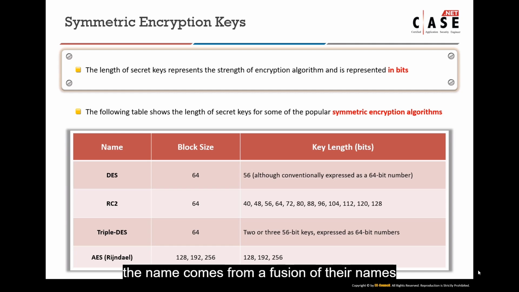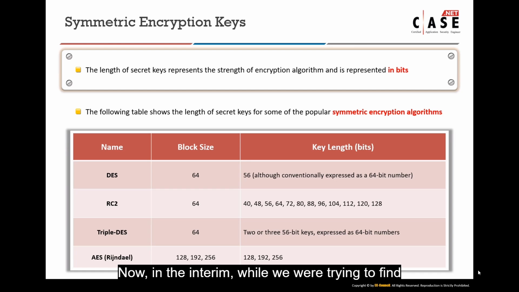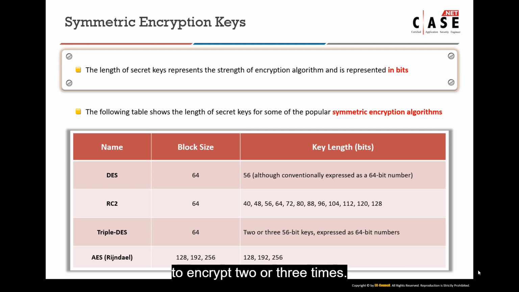The name comes from a fusion of their names, and it's the Rijndael cipher. That became the Advanced Encryption Standard. It has three key sizes: 128, 192, and 256-bit. Now in the interim, while we were trying to find a replacement for DES, triple DES was used. You basically used 2 or 3 56-bit DES keys to encrypt 2 or 3 times.